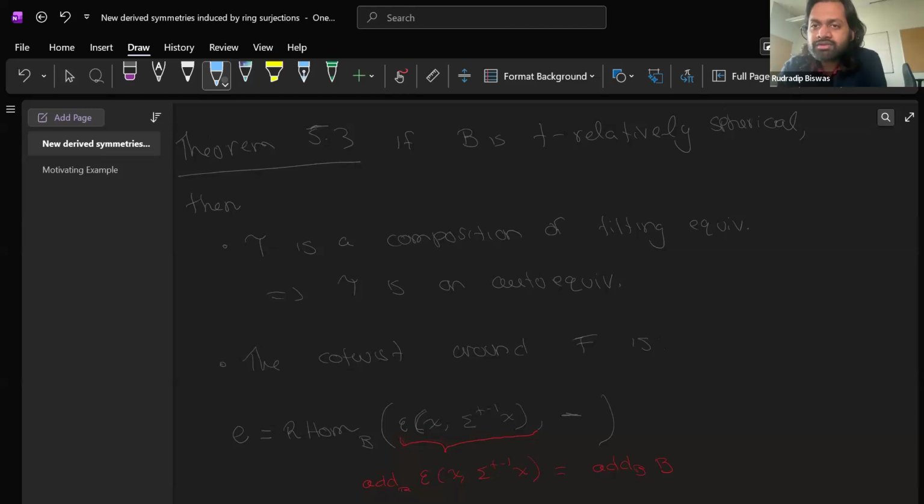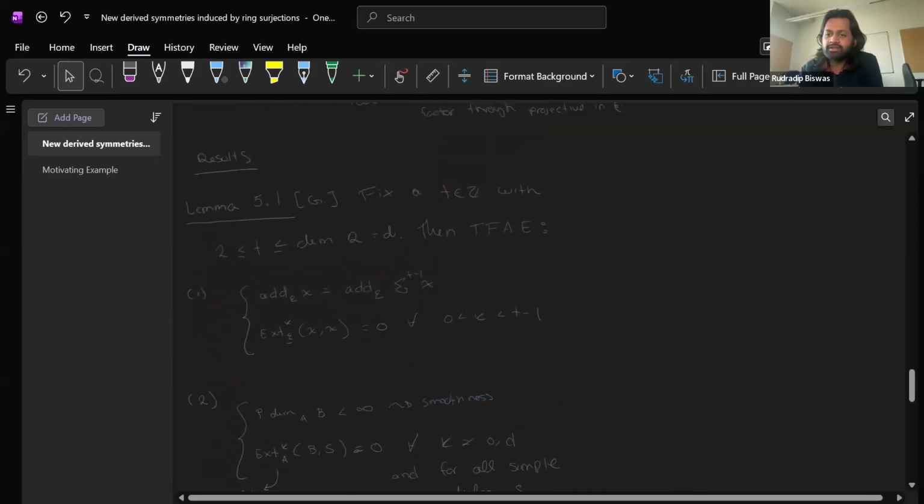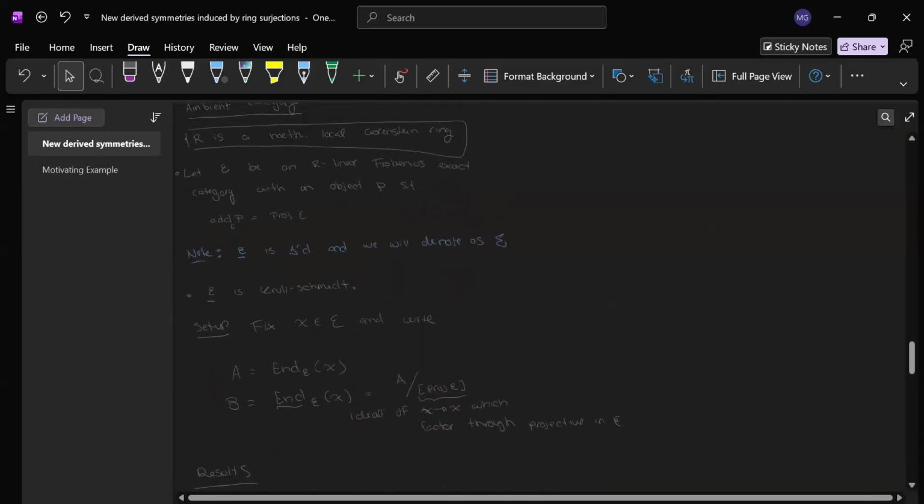If I wanted to apply this setup to, say, discrete cluster categories, would I get anything interesting? That's a good question. I haven't really thought about it.